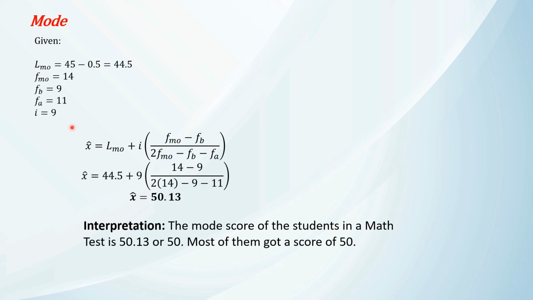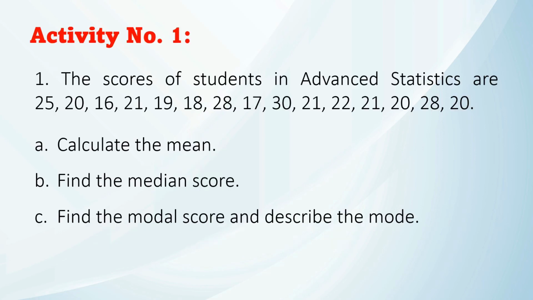So by substituting it to the formula, we get the mode equal to 50.31. So the interpretation for this is the mode score of the students is 50.31 or simply 50 because most of them got a score of 50. So this is the interpretation. Since the mode is 50, it means most of them got a score of 50.